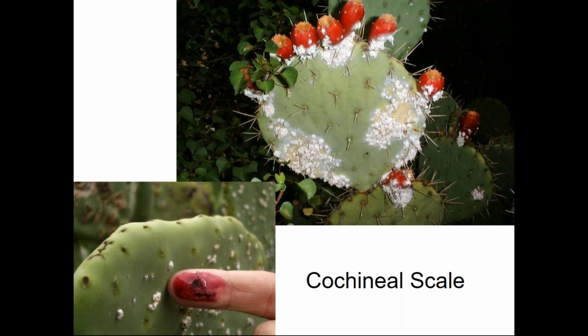So now you'll find prickly pear cactus being grown in Europe and Asia and Africa just to raise the cochineal scale so that they can use the dye for all of those many uses. It's a very important natural substance.